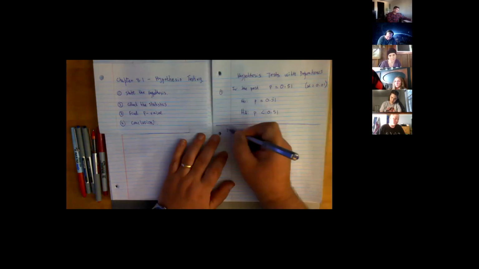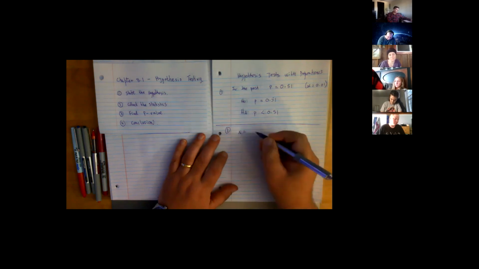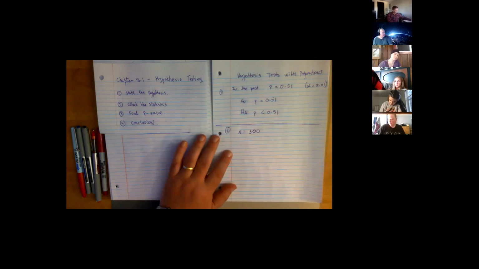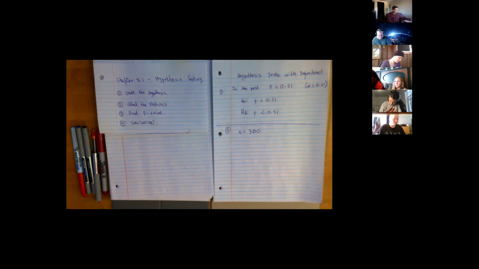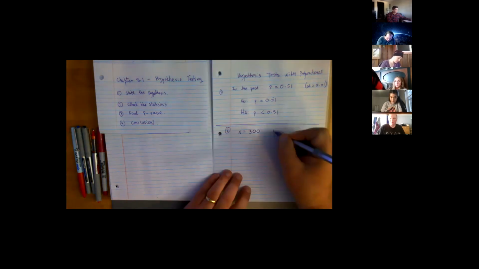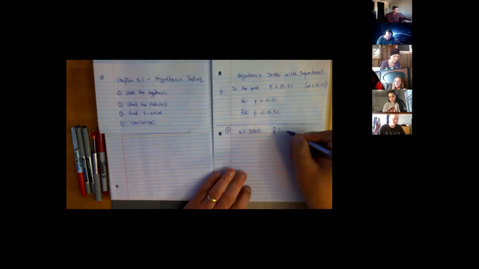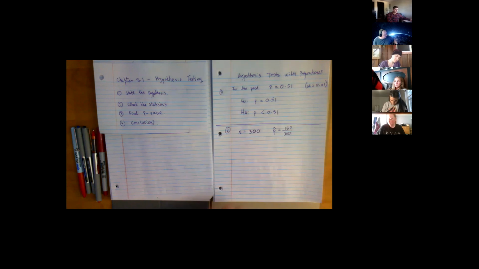And he collects his data. And he collected 300 people. Simple random sample. And he came up with the answer that 157 of them were in favor.